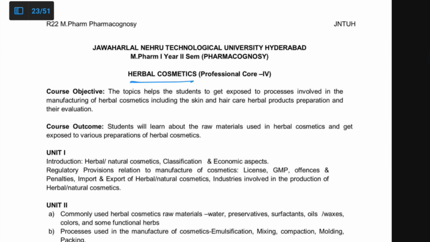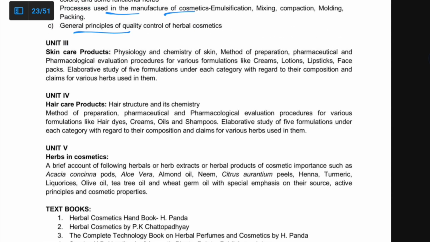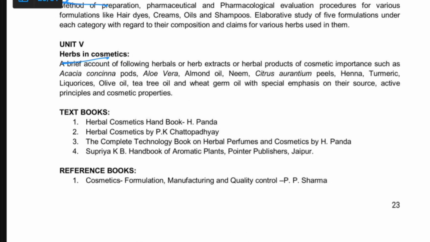Herbal cosmetics: introduction to herbal cosmetics, regulatory provisions, commonly used herbal cosmeceutical raw materials, processing and manufacturing of cosmetics, principles of quality control in herbal cosmetics, skincare products, hair care products, herbs in cosmetics.